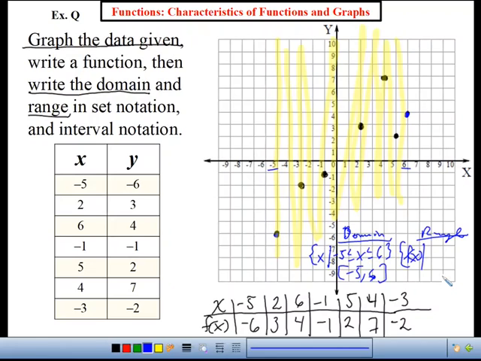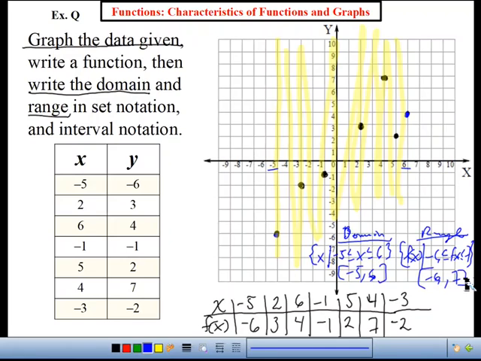Mia, lowest value. -6. -6 less than or equal to f of x less than or equal to, and the highest point, Mia? 7. There you go. All right. And in interval notation, bracket -6, comma 7.